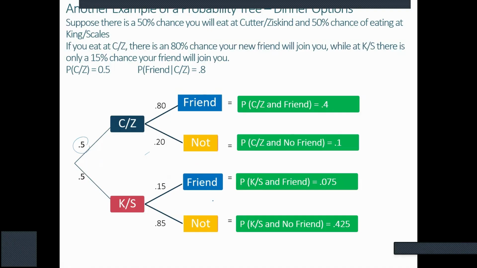Over here, the probability of KS and friend, 0.5 times 0.15 is 0.075. And KS and no friend is 0.425. Notice these two also add to 0.5. And if you add all four of these over on the right, you get 1.00.